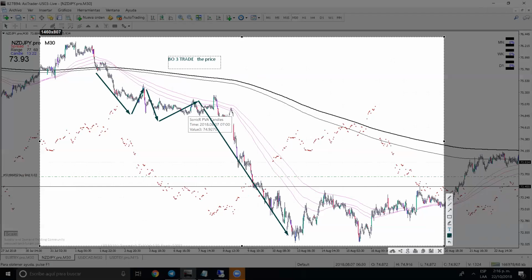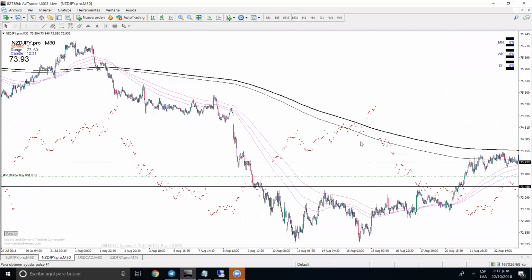So the price pulls back to the wave and we continue the trend. Okay. For this trade, we wait for the price to touch the wave, and after that we look for an entry to go in with the trend.